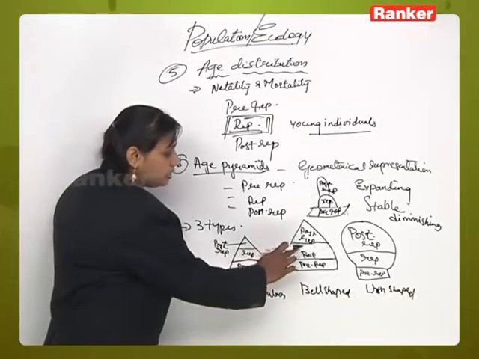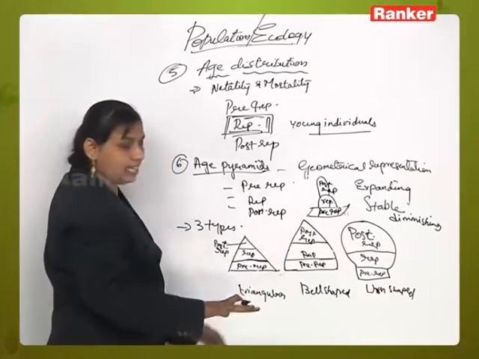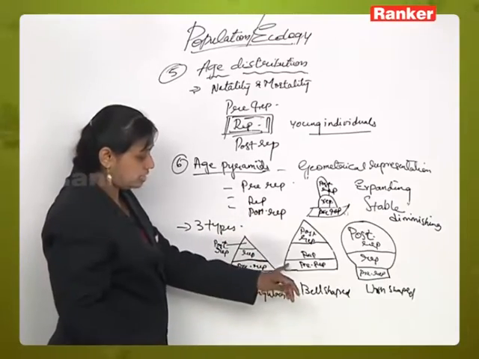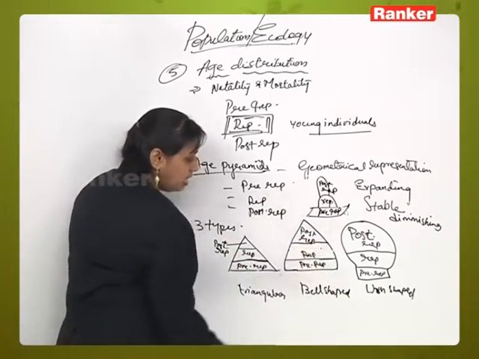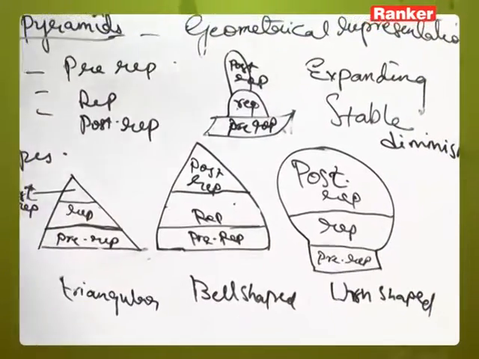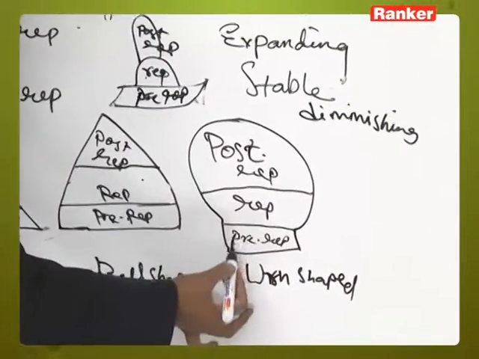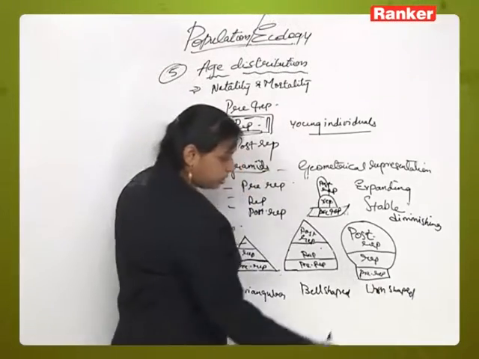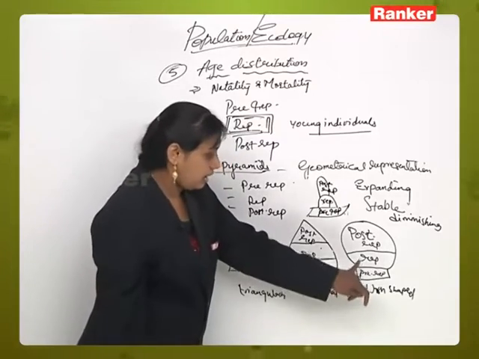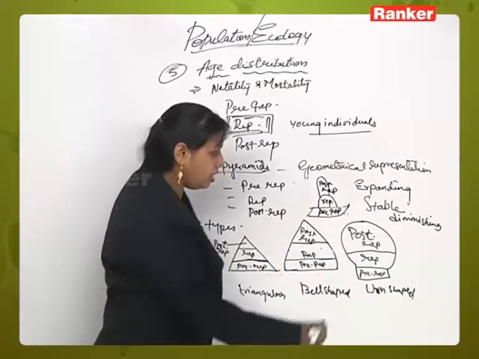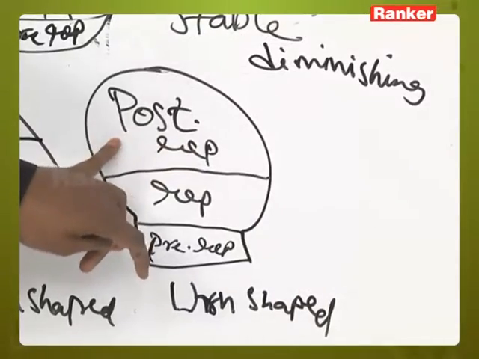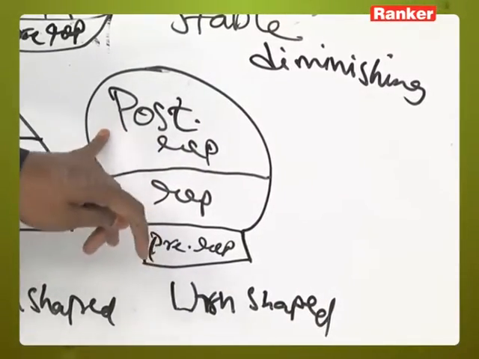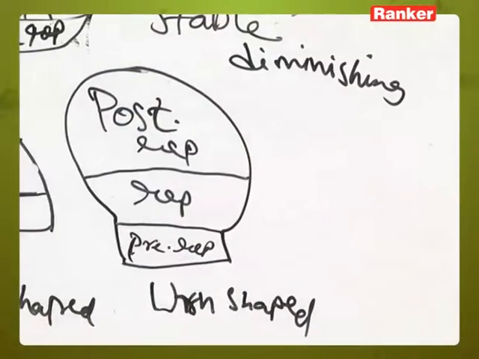So here the population is in a stable condition. There are fewer deaths in the pre-reproductive and post-reproductive stage. So this is an example of a stable population. Here when you see the urn shape, the pre-reproductive stage is very less in number and the reproductive stage is also less in number, but the post-reproductive stage is more, meaning the death rates are more in old age. So here the population is getting diminished.